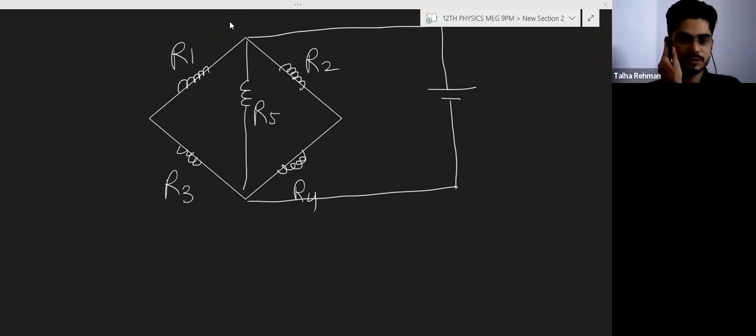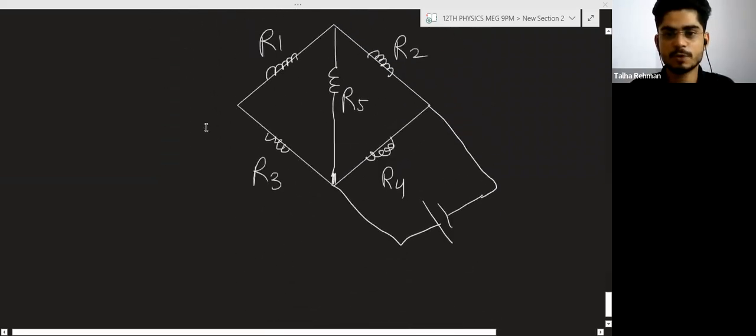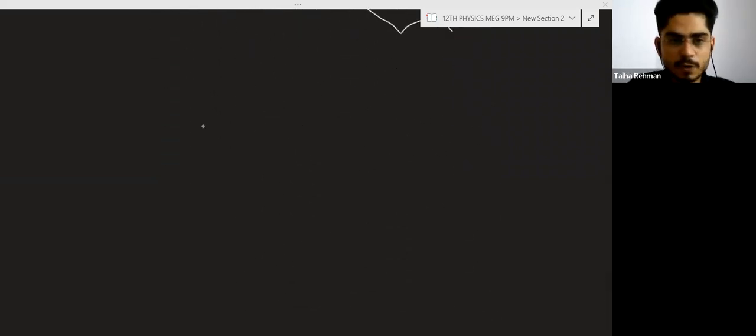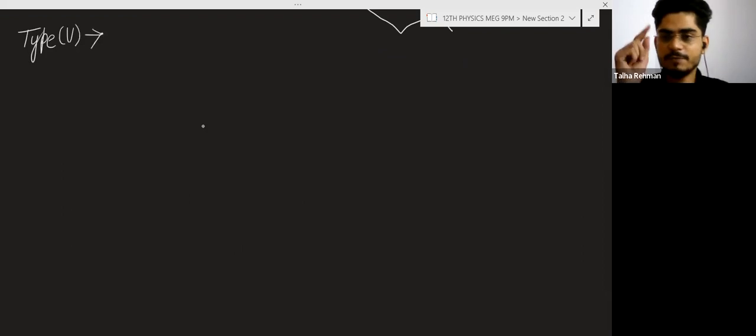Okay, now let's start. So now we will solve the infinite series problem. We have five types. Type 1, what do we have in type 1? In type 1 we have the mixed combination, meaning we connect the cell and identify the resistances.